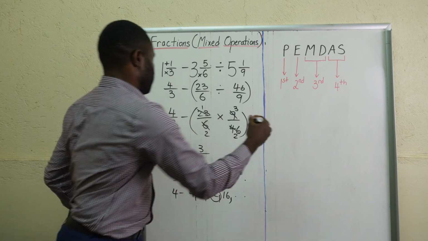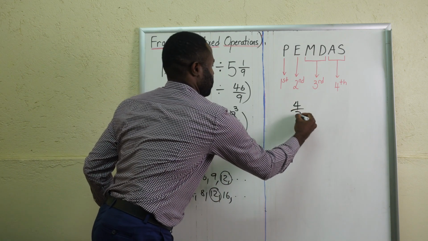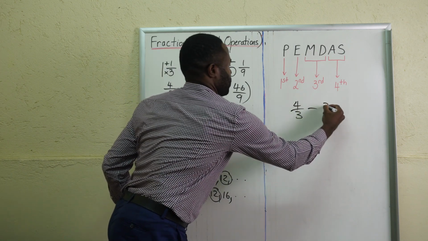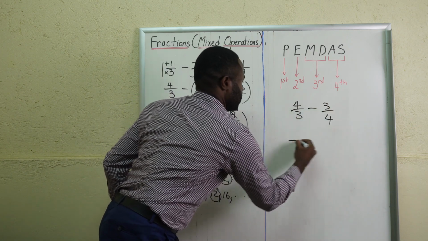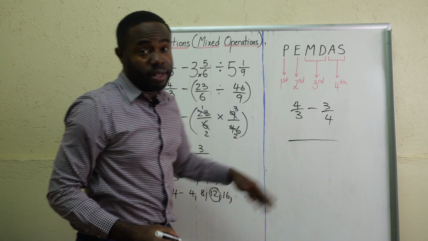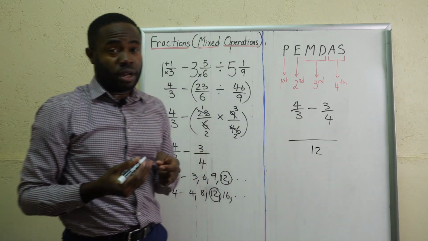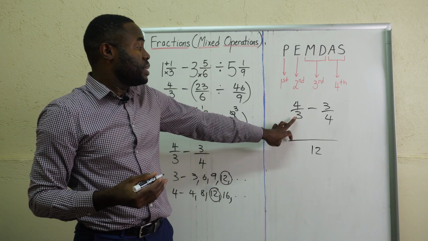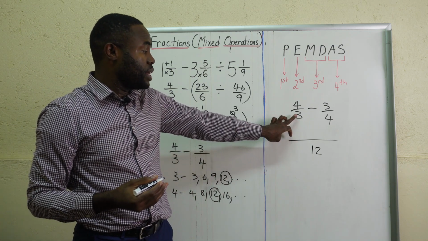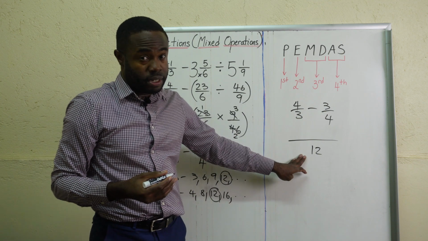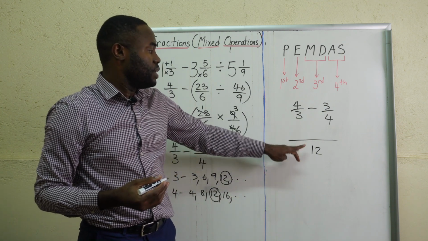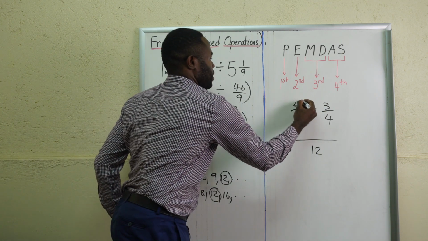So with that said, let me rewrite this quickly. 4 over 3 minus 3 over 4. So the common denominator in this case would be 12. After you have found the common denominator, you're going to use the original denominators to divide into the common denominator. So it's 3 into 12, that goes 4 times.